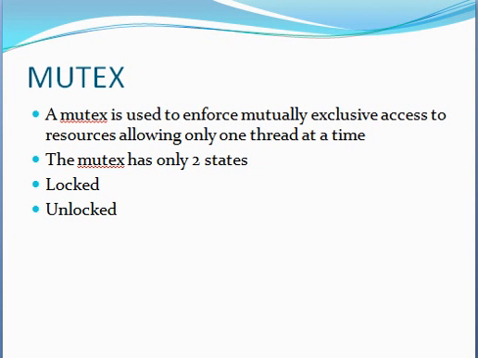The mutex differs from a binary semaphore in 2 respects. First, the thread that locks the mutex must be the one to unlock it. In contrast, it is possible for one thread to lock a binary semaphore and for another to unlock it. The other difference is that a mutex provides protection against priority inversion, whereas a semaphore does not provide it.